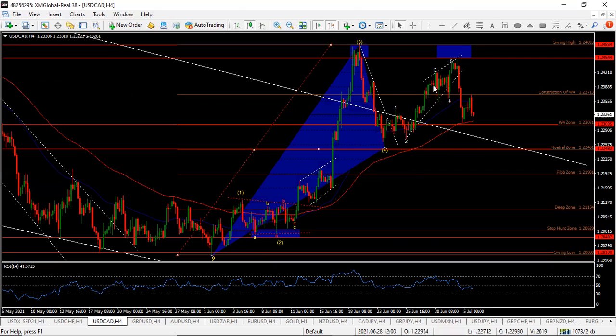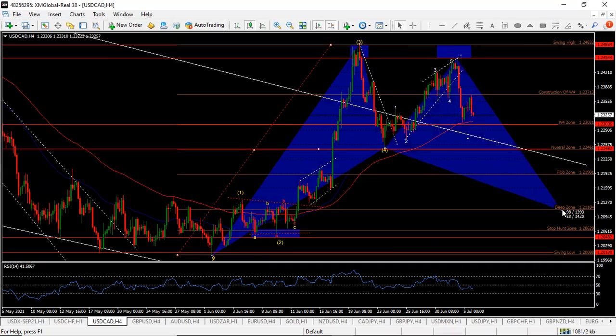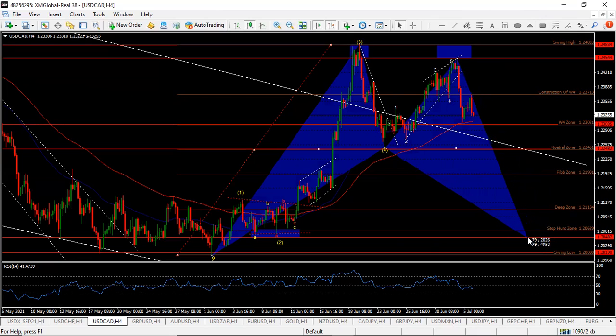So they just come and do this. These people, they're clever. Then what are their targets? The deep zone. They come and draw something like this. No, it's a gut. Butterfly is 61.8%. Yeah. So with the butterfly, it retraces 100% to that point.